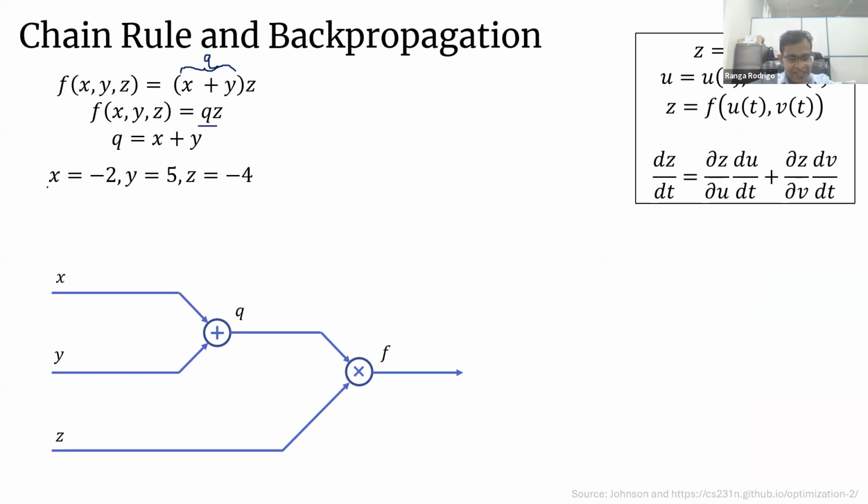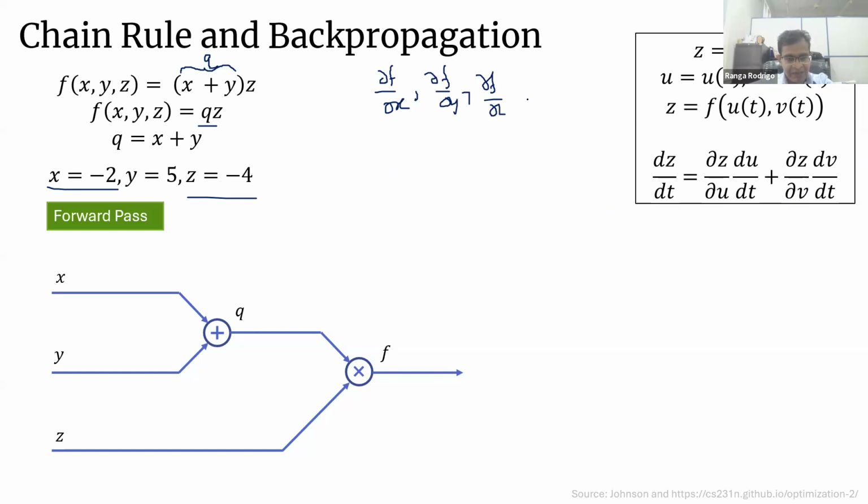So assume that x is -2, y is 5, and z is -4. These are the values of those. And what you want to do is to compute the partial derivative of f with respect to x, partial derivative of f with respect to y, and partial derivative of f with respect to z.